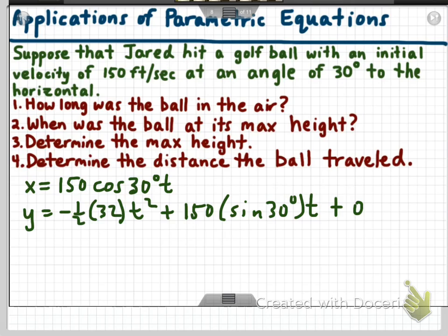And what are we trying to figure out? How long was the golf ball in the air? To determine how long it was in the air, we just have to figure out where the y is equal to 0. Let's draw a picture of this. The ball is here, being hit up into the air, and it's going to come down over here.